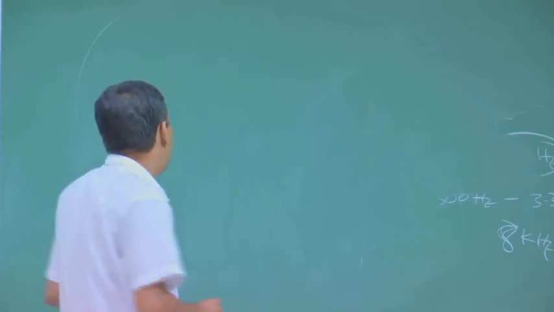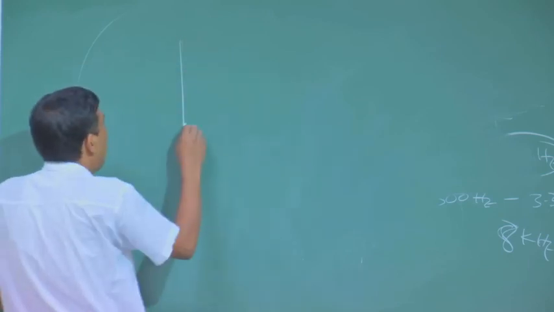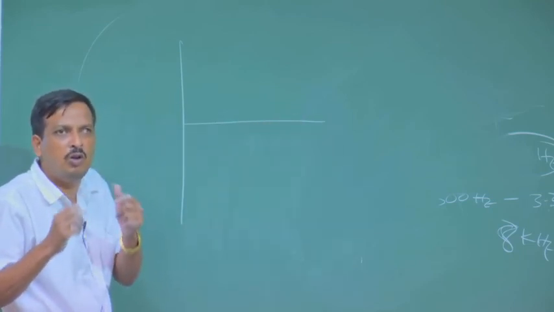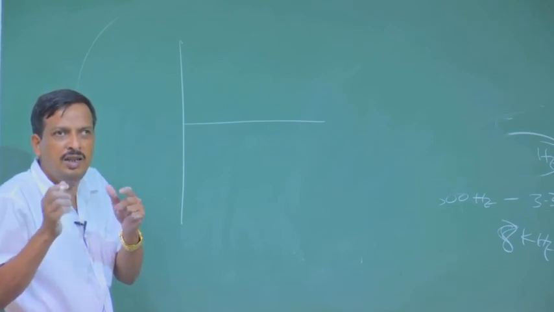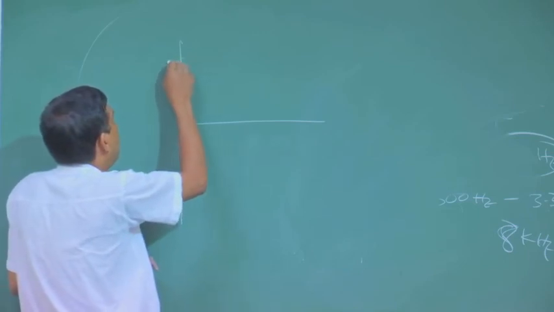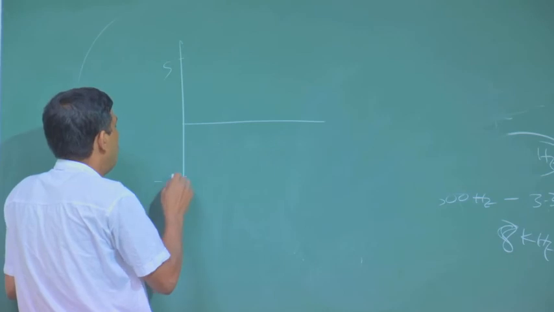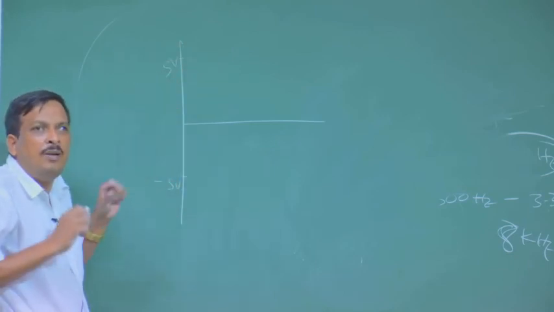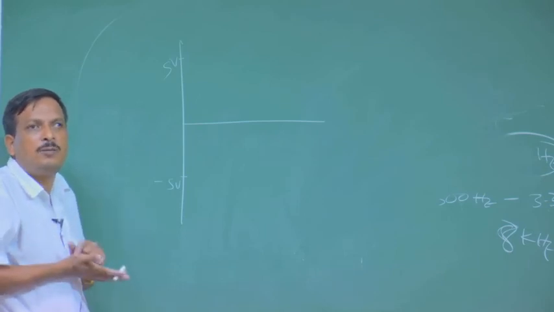What do you mean by clipping? Suppose I have my ADC, or the recording volume which controls the ADC level. Suppose this is 5 volt to minus 5 volt. This ADC can handle 5 volt to minus 5 volt.